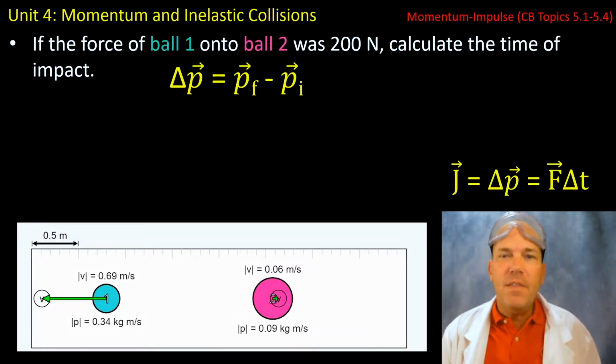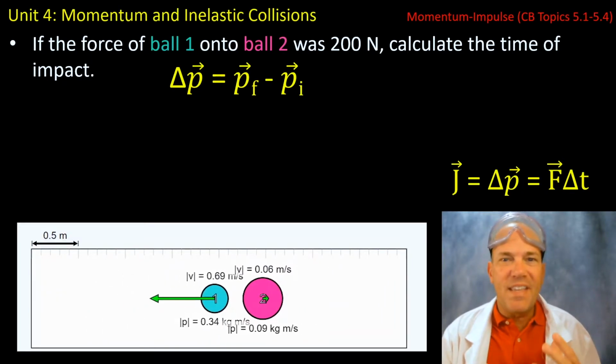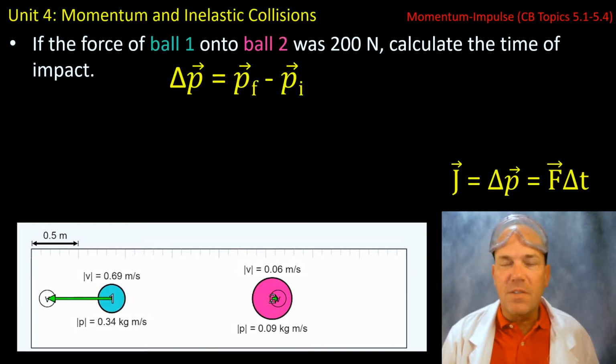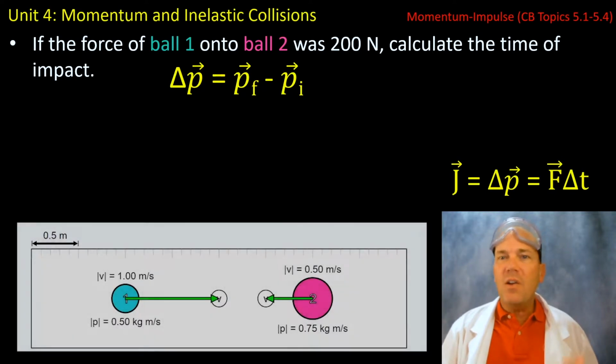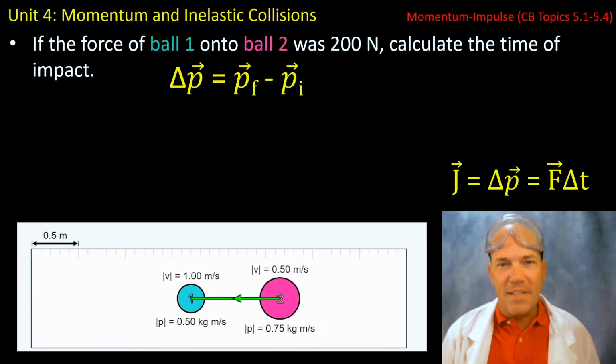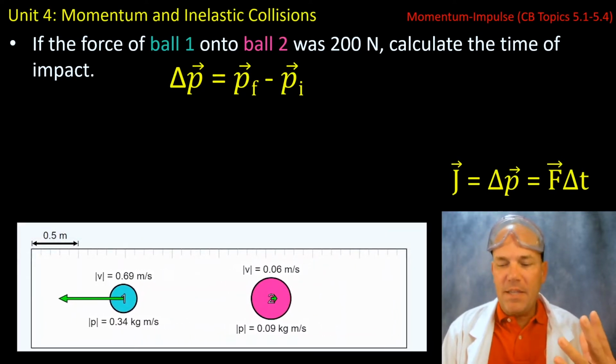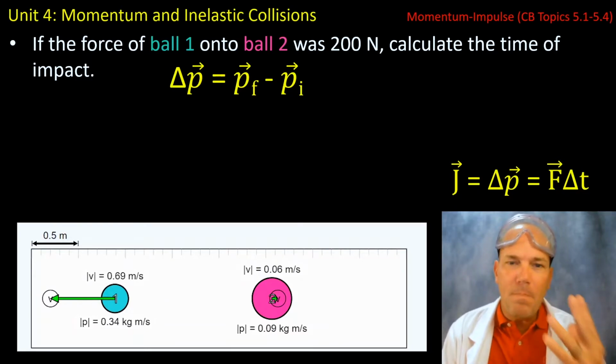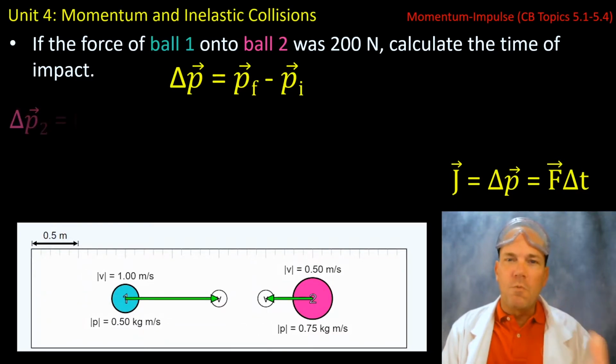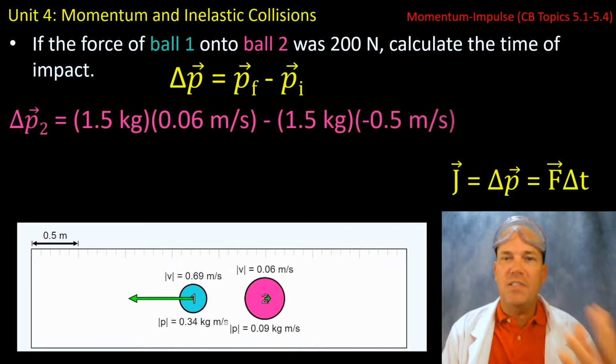Remember that even though momentum for the system is conserved, individual momenta for objects within our system is not. So let's go ahead and calculate the change in momentum for one of these objects in our system.